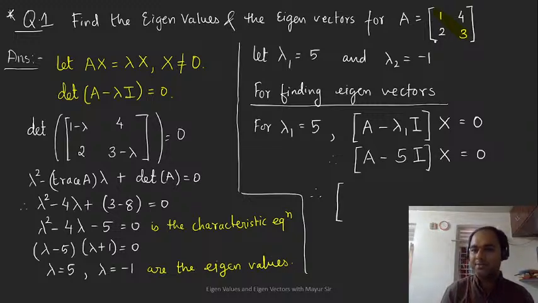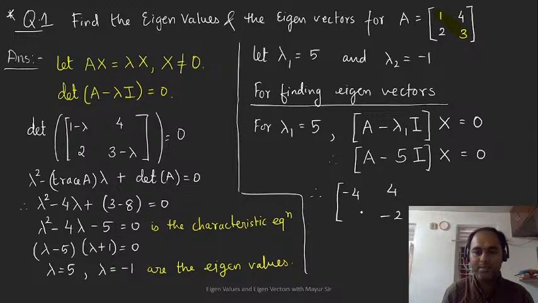From the matrix that is given to us, 1 2 4 3, from the diagonal elements you subtract 5. So the moment I subtract 5 from the diagonal element, from 1 I'll get 1 minus 5, which is minus 4, and from 3 I will get 3 minus 5, which is minus 2.